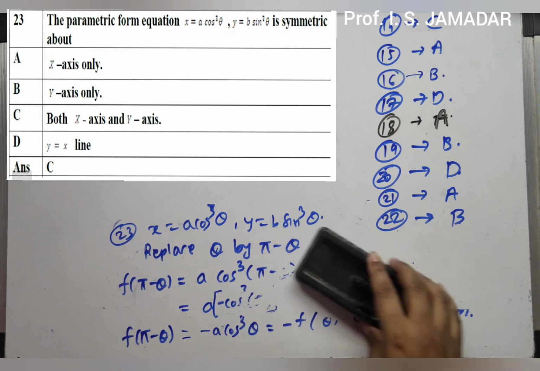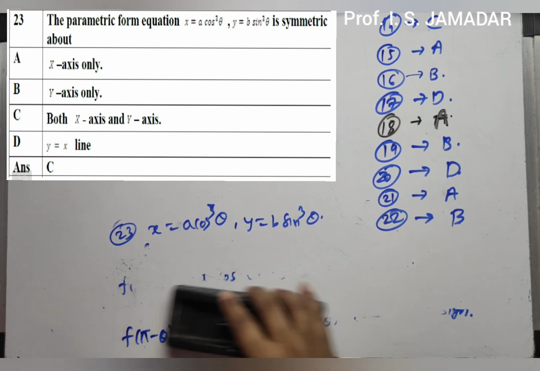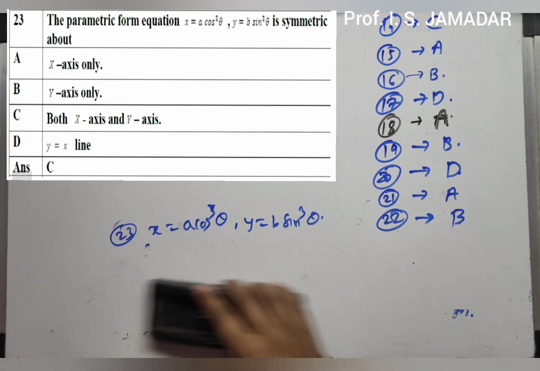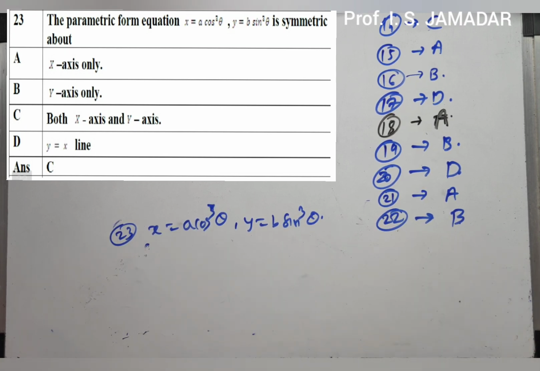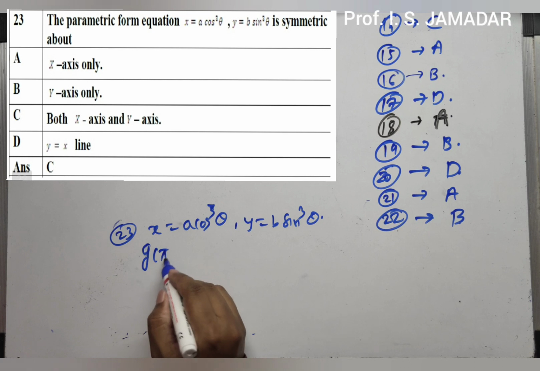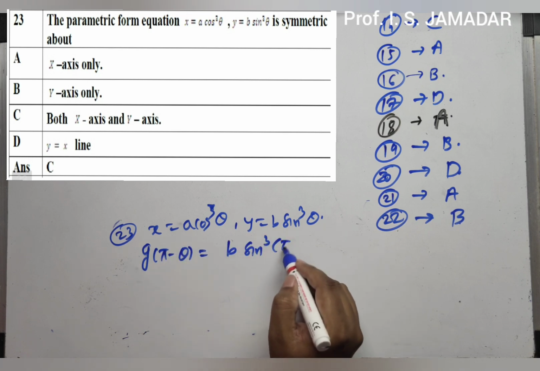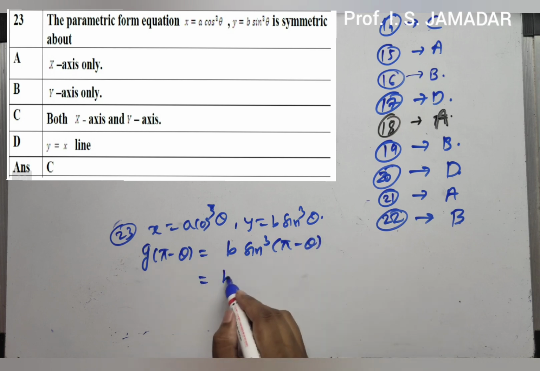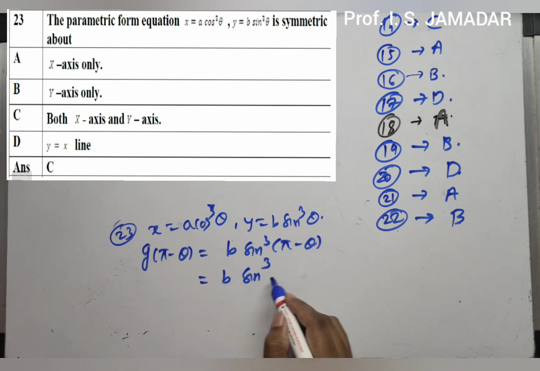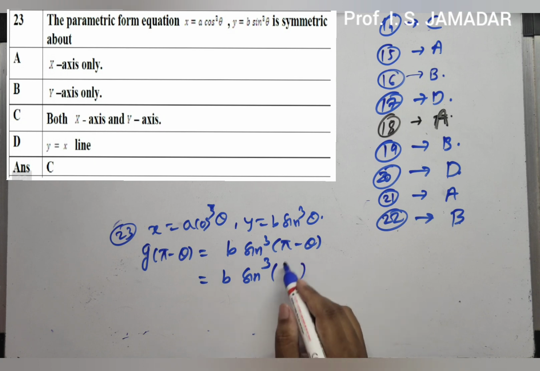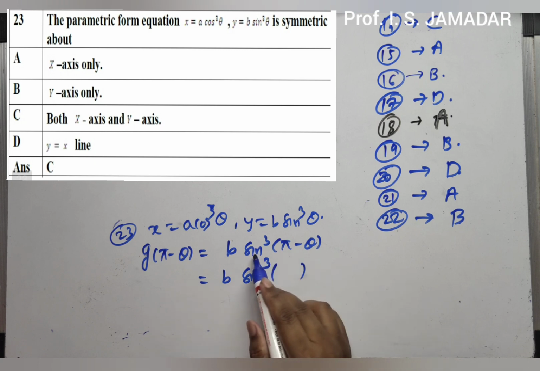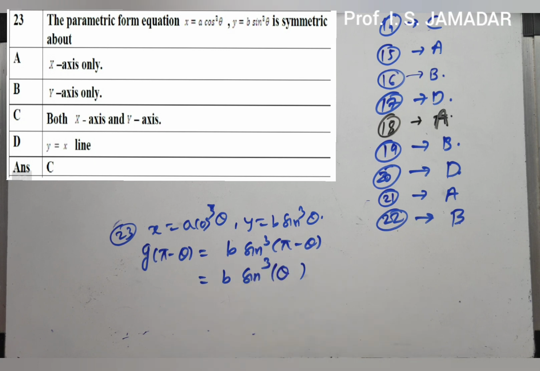Now we will do the replacement of theta by pi minus theta in g of theta, or in y. So what will be g of pi minus theta? G of pi minus theta is equal to b sine cube of pi minus theta. It is again the second quadrant, an even multiple of pi by 2, so by the allied angle concept sine will remain sine, and in the second quadrant sine is positive, so it is b sine cube of theta as it is, which is g of theta.